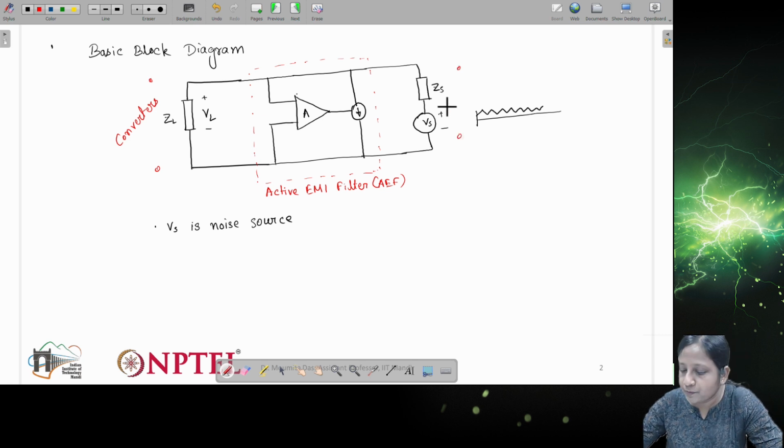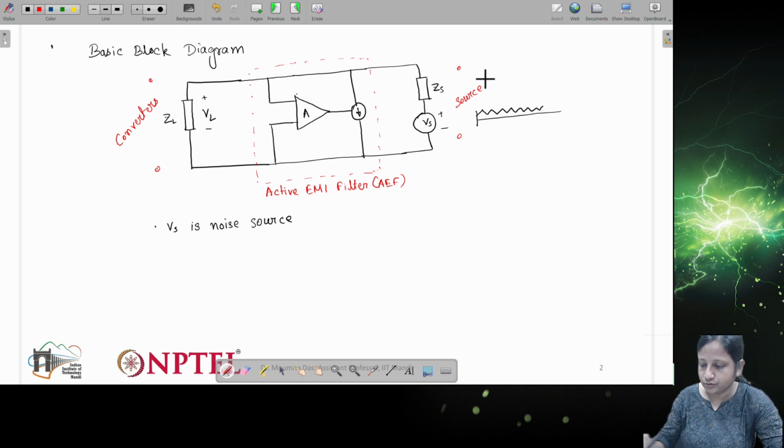Generally, in between the source and the converter, we measure this EMI noise using a LISN, and then we provide the filter as per the requirement. So we are representing the part between the source and the converter in terms of noise and suppression using the filter.